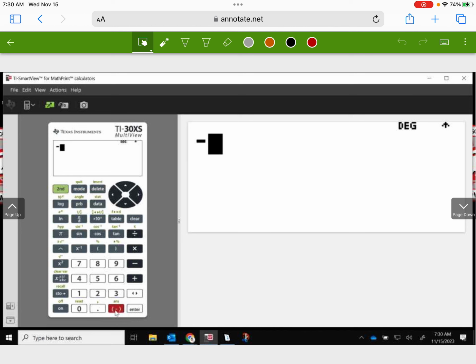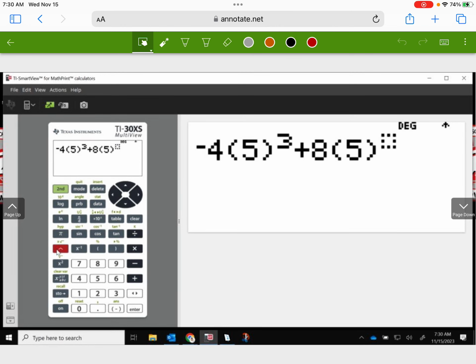So we have negative 4 times 5 to the 3rd, plus, we got to get out of the exponent before we hit plus, plus 8 times 5 to the 4th. And then I hit that right arrow to get out of the exponent.